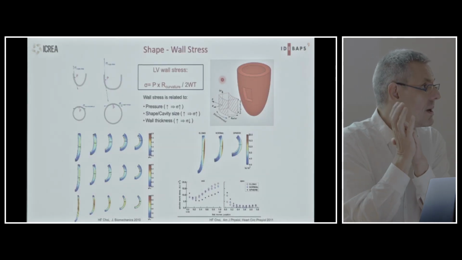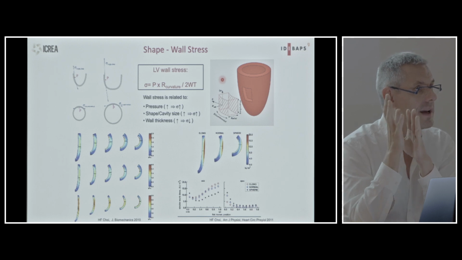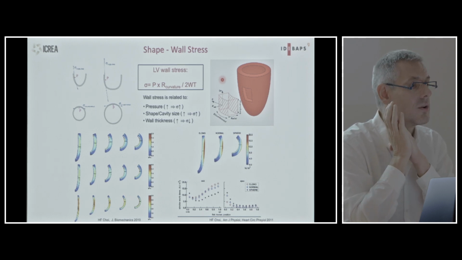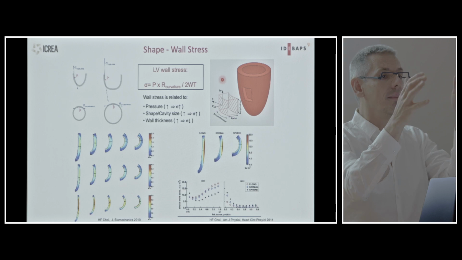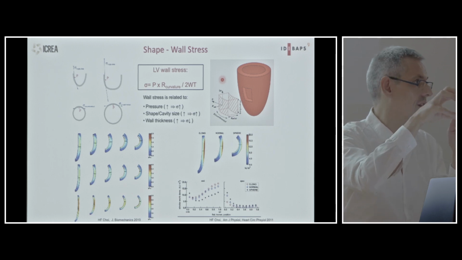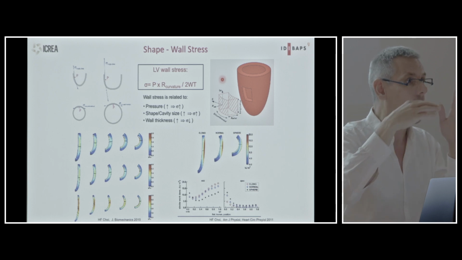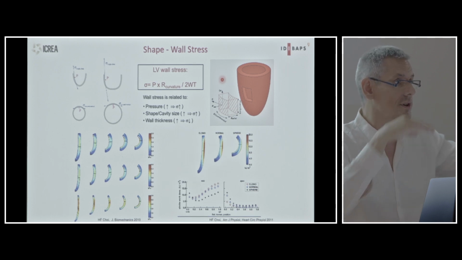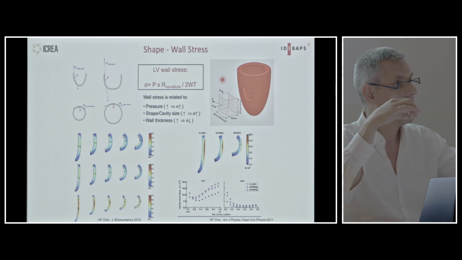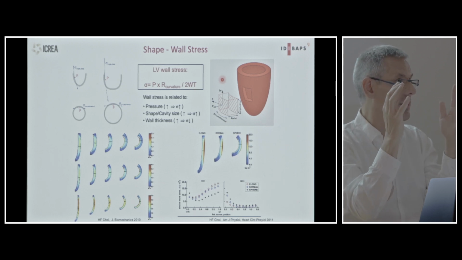The other basic concept which is also important, and I already mentioned this partially before, is looking at the wall stress. That means what do the myocytes feel of the pressure which is inside the ventricle? So how does the pressure translate to the myocytes, or how does the contractile force translate into pressure? And that is related to the geometry of the ventricle.